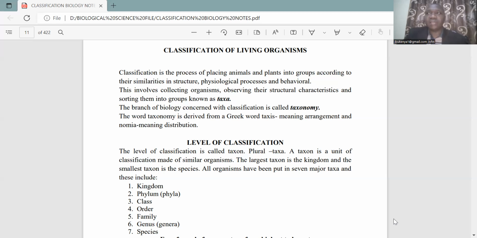Each gene determines the expression of a characteristic in an organism. So that DNA carrying all of those genes is found in a structure known as a chromosome. But all of these are enclosed by a nuclear membrane that is perforated, that has tiny pores, which can allow exchange of materials between the nucleus and the cytoplasm.